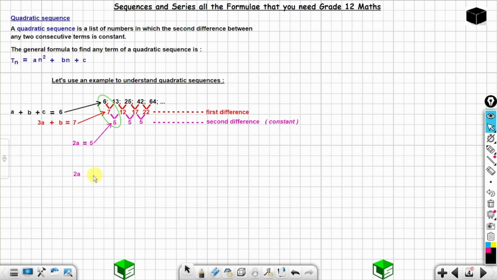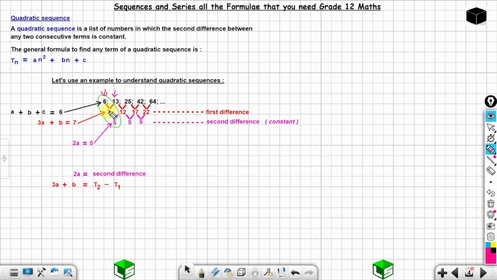So 2a is always equal to the second difference, and 3a plus b is always equal to t2 minus t1. Can you see? This is equal to t2 minus t1. Let me show you. This is t2, and this is t1. So t2 minus t1, you have this.